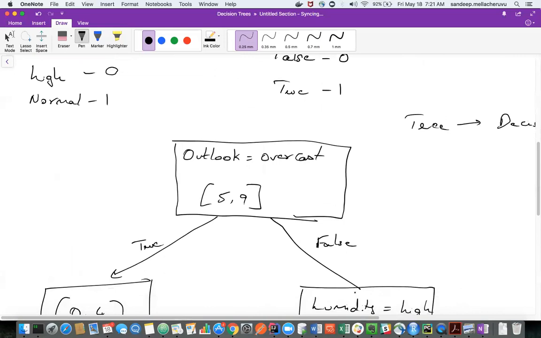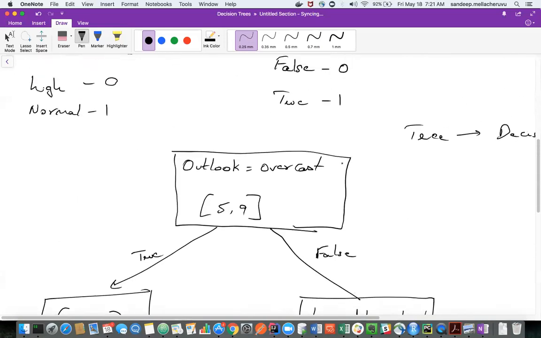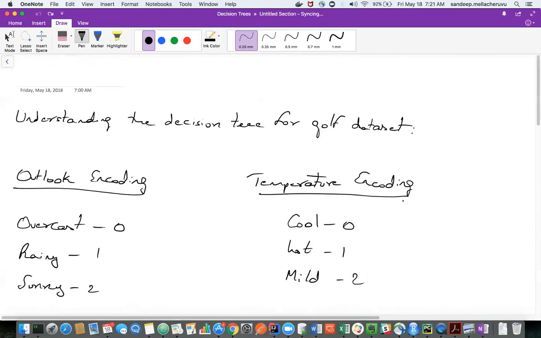Any tree will start with a root node, and this root node has some children.